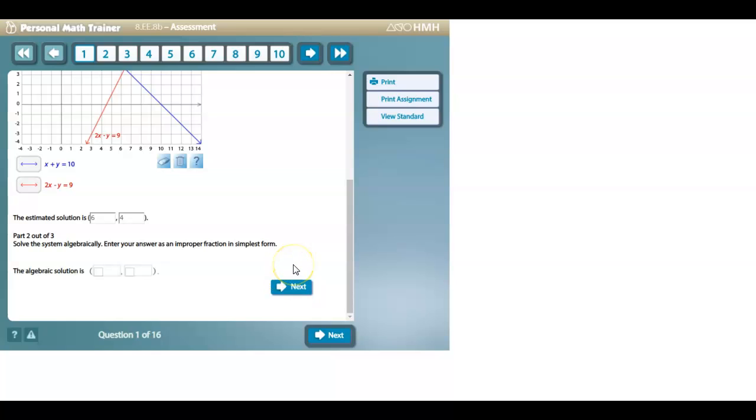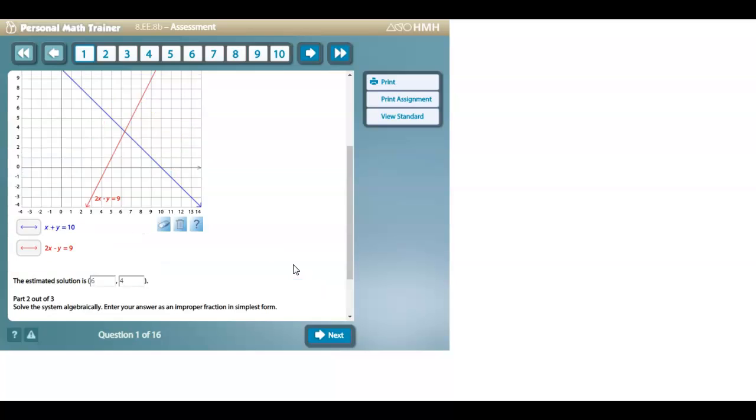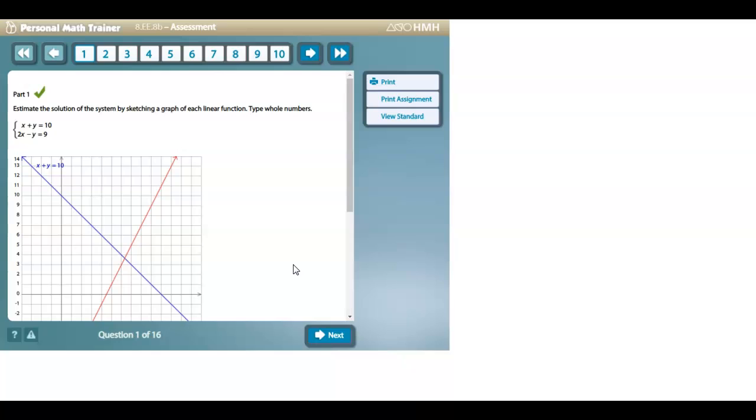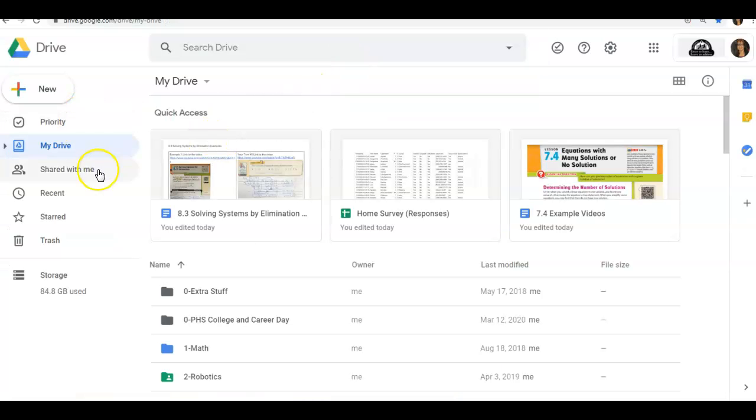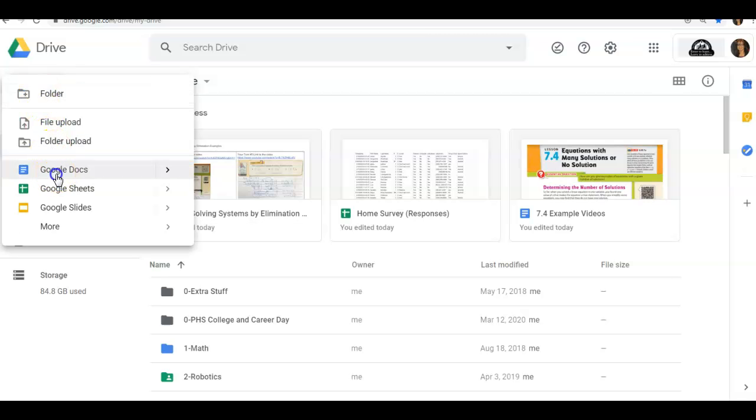Okay, so now it says solve the system algebraically using an improper fraction in simplest form. So what I'm going to do is I'm going to solve the system algebraically. x plus y is equal to 10 and 2x minus y is equal to 9. So what I'm going to do is I'm going to put it on one of my Google Docs, and I'm just going to say new Google Doc.